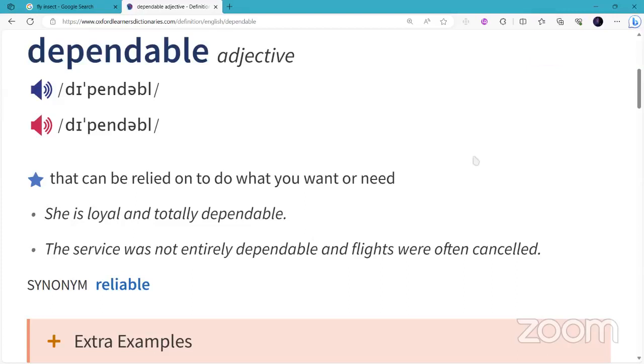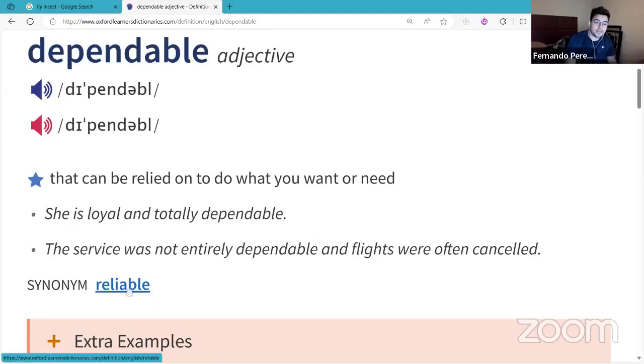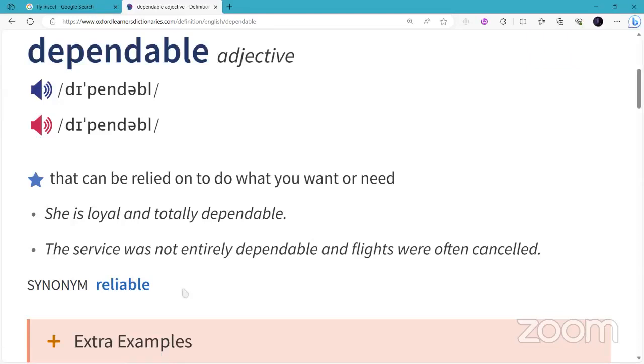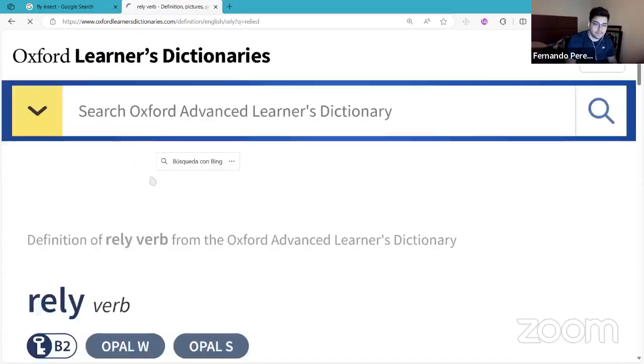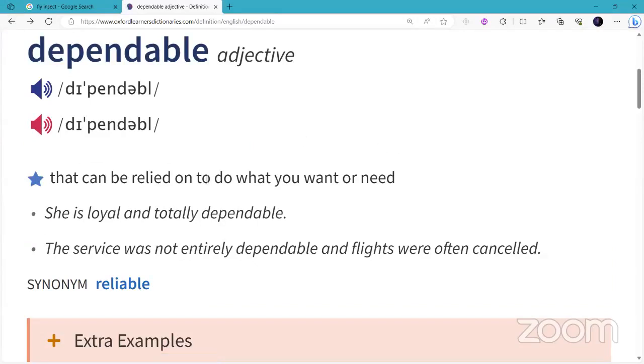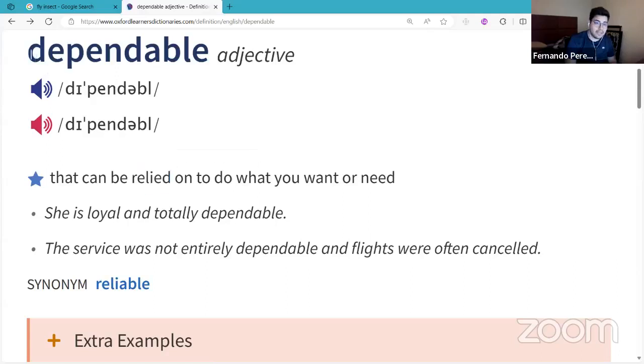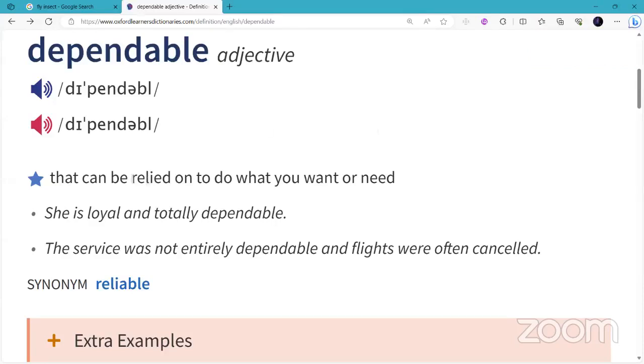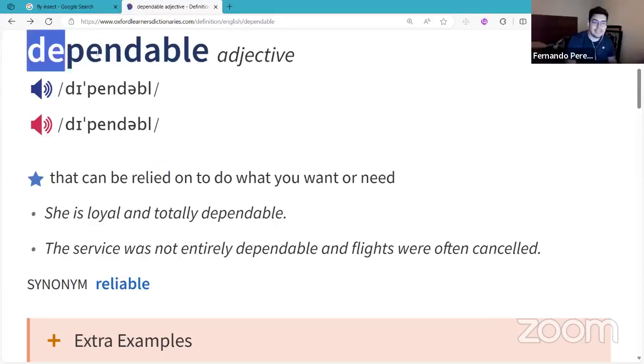But rely is the verb, and that's the meaning: depends on somebody or something. Of rely, yes, but dependable, no. This is the verb rely, and this is an adjective, dependable. They are different.